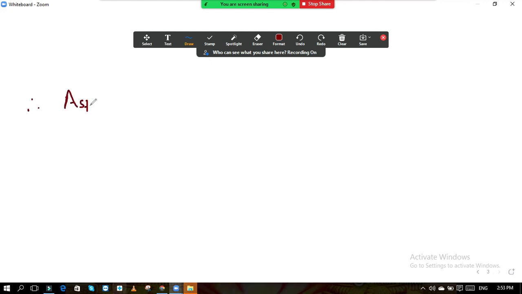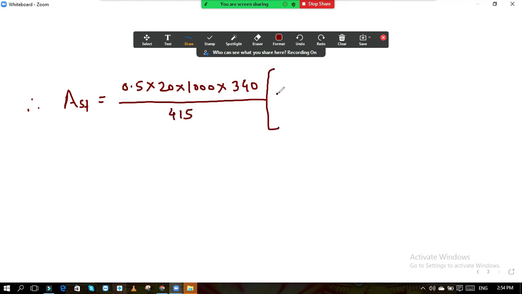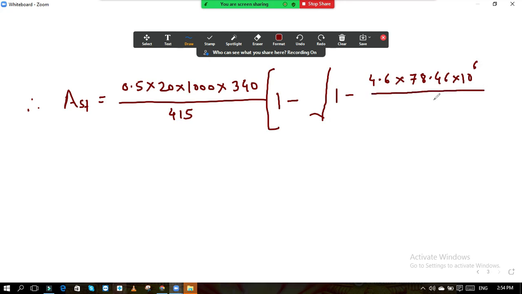So just put the values. Therefore, AST is equal to 0.5, FCK is 20, B 1000, D is 340 divided by 415, here in bracket 1 minus under root 1 minus 4.6 into 78.46 into 10 raised to 6 divided by FCK is 20, B and D square, it is 340 square.